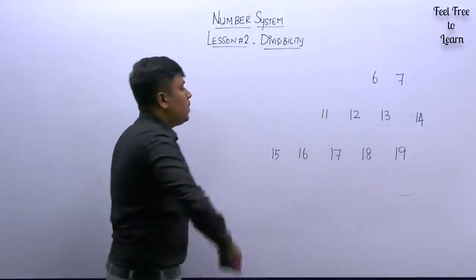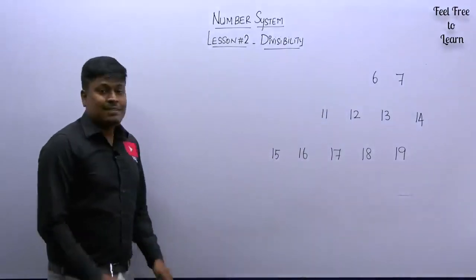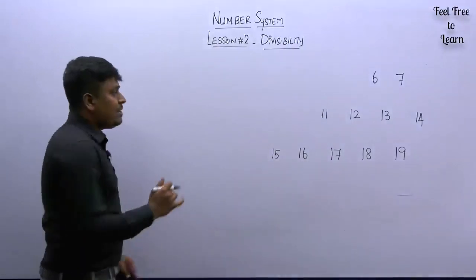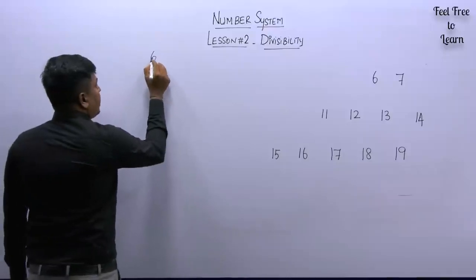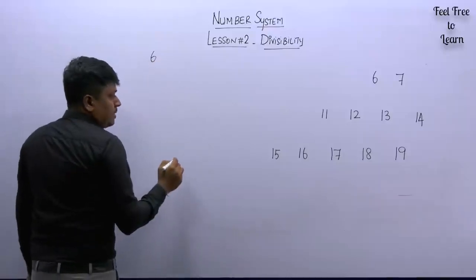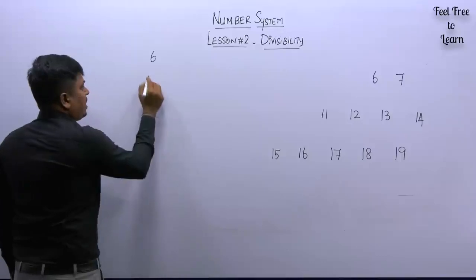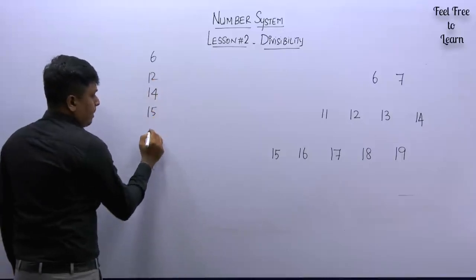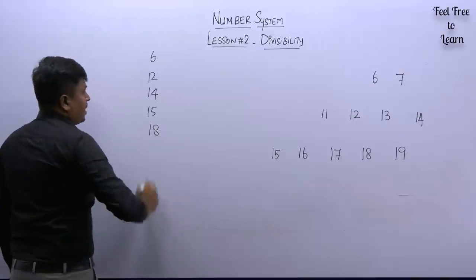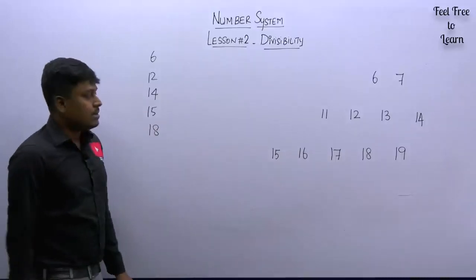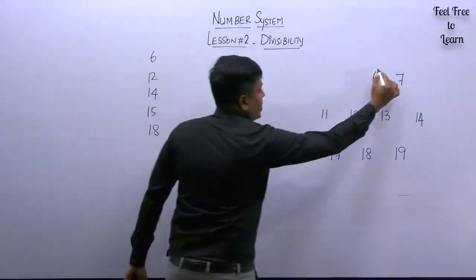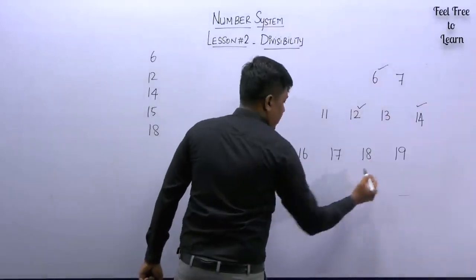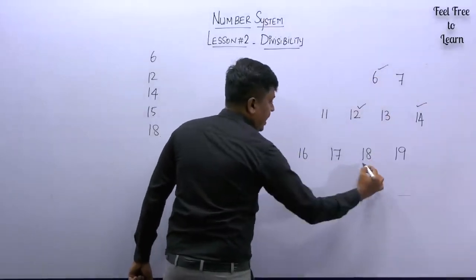Okay. So now let me target another set of numbers that will be very simple. Just see here, when you take number 6, the multiples are 12, 14, 15, 18. So let me take all these numbers: 6, 12, 14, 15 and 18.